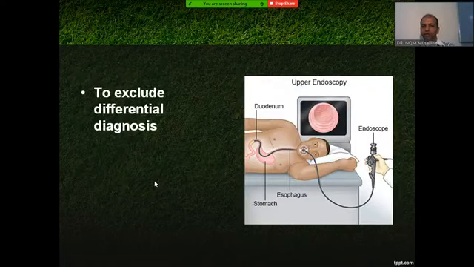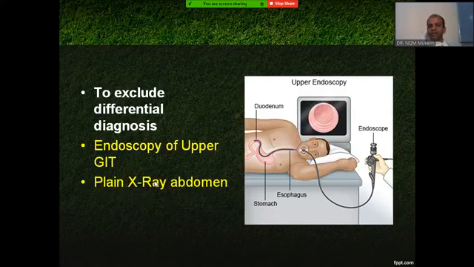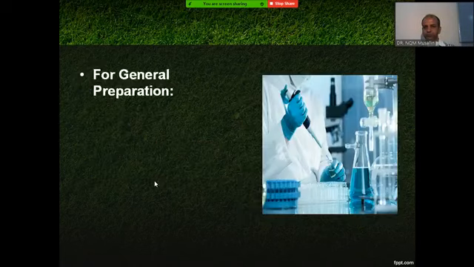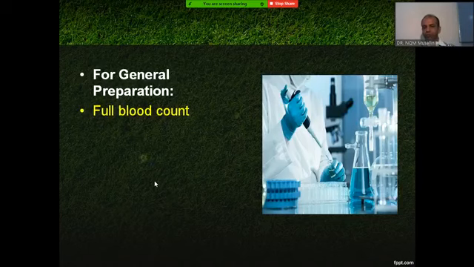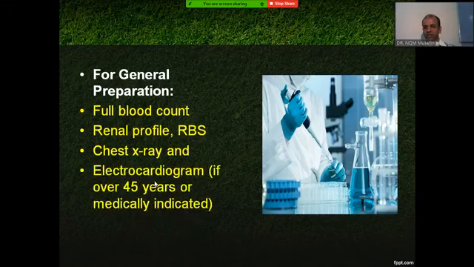And for exclusion of the differential diagnosis, endoscopy of the upper GIT to exclude chronic peptic ulcer disease, and plain X-ray of the abdomen to exclude a stone in the pancreas or in the right kidney. And for general preparation: full blood count, renal profile, random blood sugar level, chest X-ray, and ECG if the patient is more than 45 years.